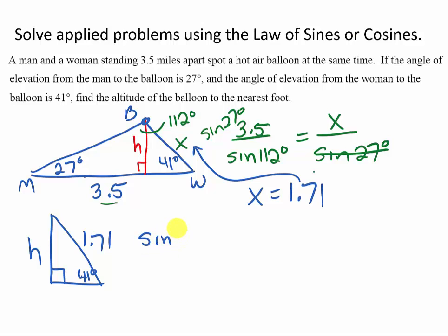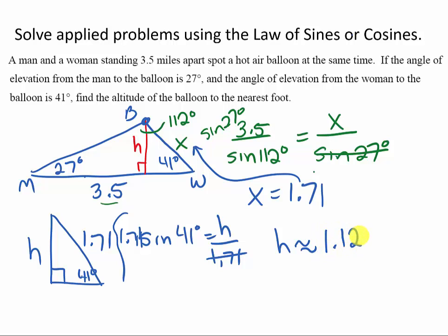So that's going to be the sine of 41 degrees equals opposite over hypotenuse. And then we can multiply the hypotenuse over here. Sorry, that's a little bit sloppy. And I can find then the altitude of the balloon. And it looks like I get 1.12 to 2 decimal places.